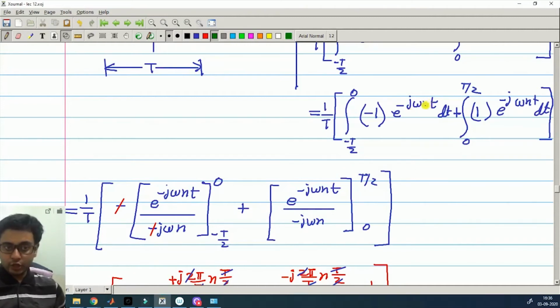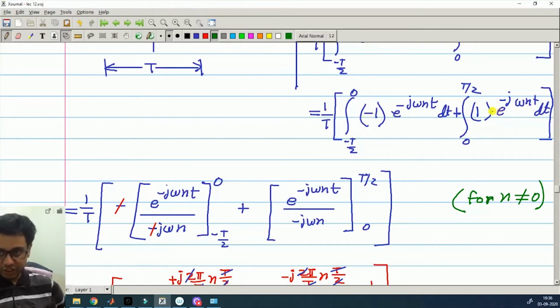So for n equal to 0 we have to do it differently. So this is for n not equal to 0, this integration that we have done. And if n is equal to 0, then this will be 1, this will also be 1, and therefore these two will cancel and it will give us 0.